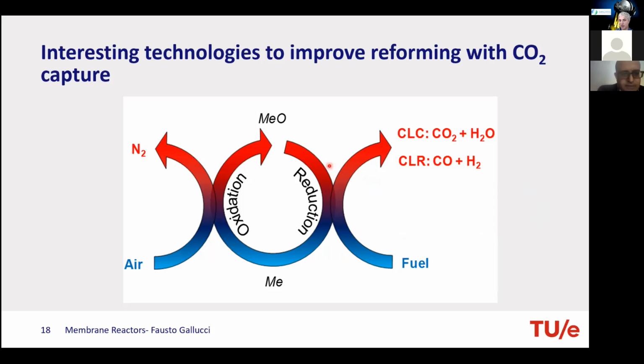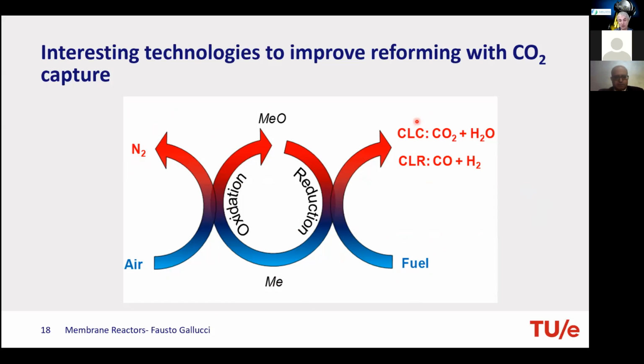Now, suppose you do a combustion just for simplicity, and suppose you make a black box around this chemical looping. What you have is that you feed air, you feed the fuel, and you produce CO2 and water, and you produce nitrogen, right? It's a combustion of the fuel. But if you look at the system, you have the CO2 leaving from one side and the nitrogen leaving from the other side.